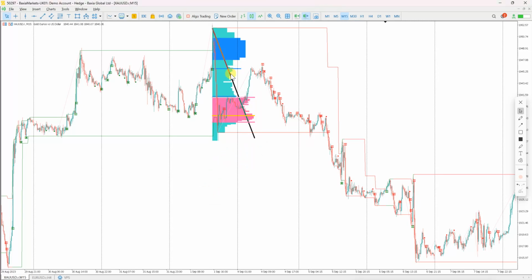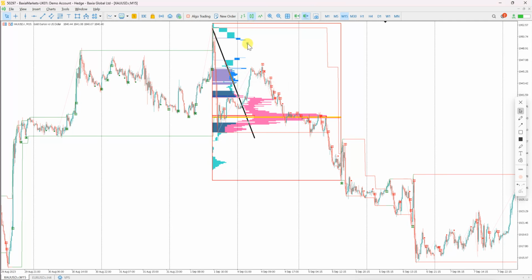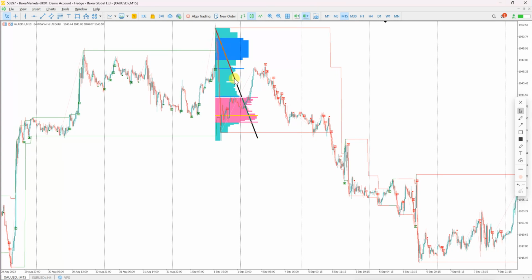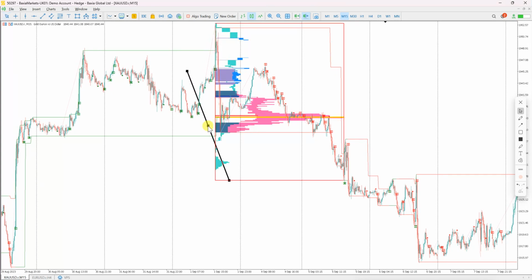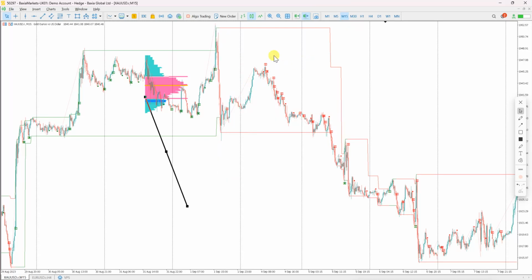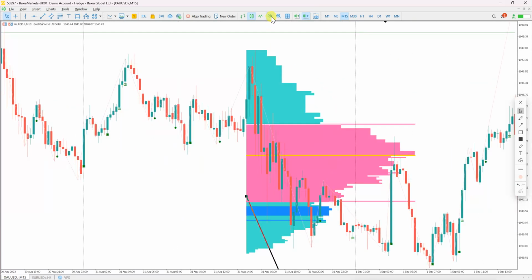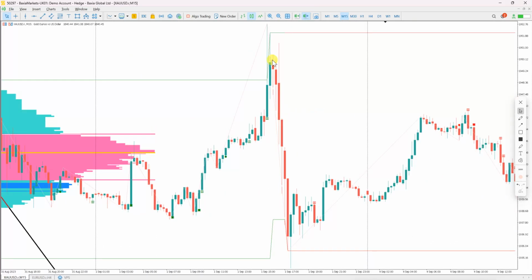So here, this is a fair value gap. Here this is a fair value gap.